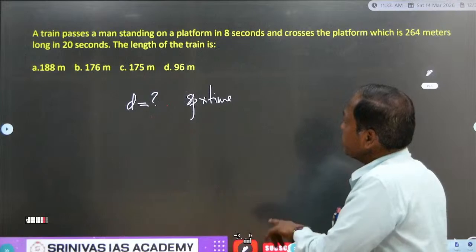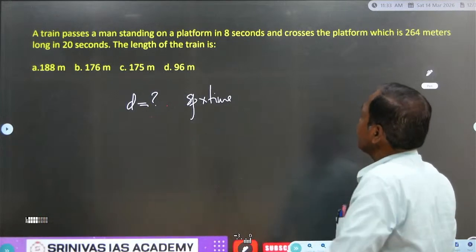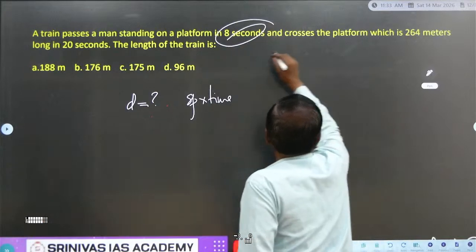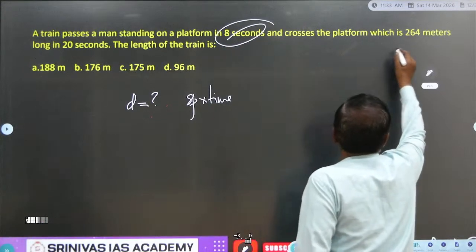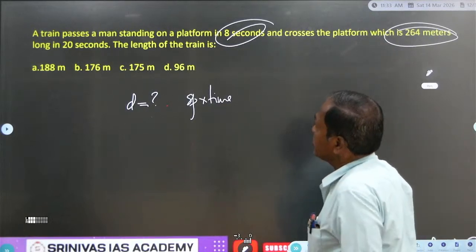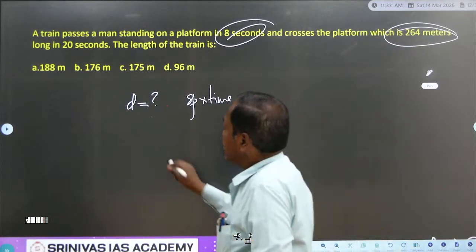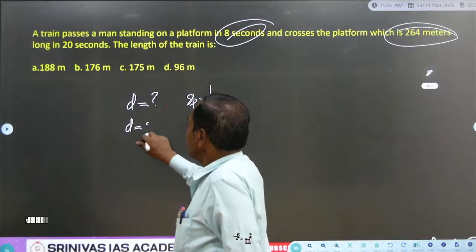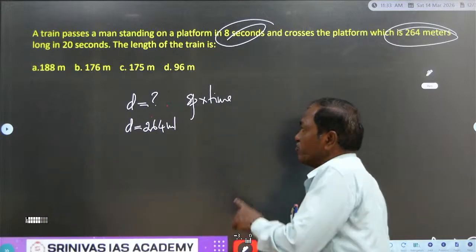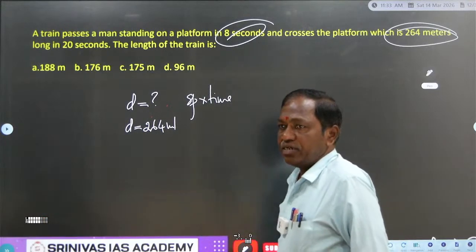What is the speed? A train passes a man standing on a platform in 8 seconds and crosses the platform, which is 264 meters. The length of the platform is given, and the length of the train we need to know. One distance is given, 264 meters, the platform length, which is also considered as a distance.